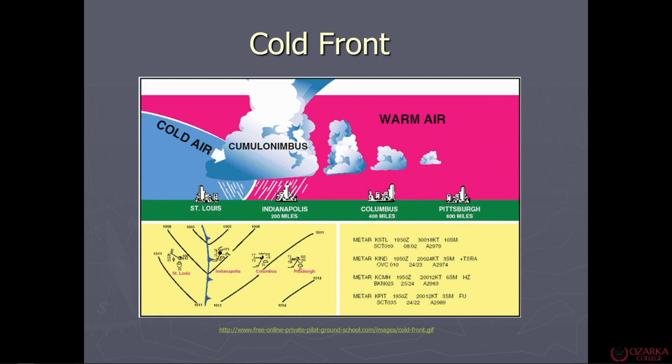Now, if you'll notice on out towards Columbus, Ohio and Pittsburgh, Pennsylvania, the clouds are starting to form. Well, if you go back to the three stages of a thunderstorm, well, Pittsburgh and Columbus are starting to see the towering cumulus stage of the thunderstorm, while Indianapolis is in the mature stage of the thunderstorm, and St. Louis has just got through with the dissipating stage of a thunderstorm.